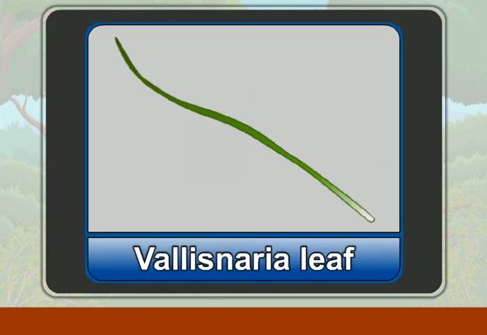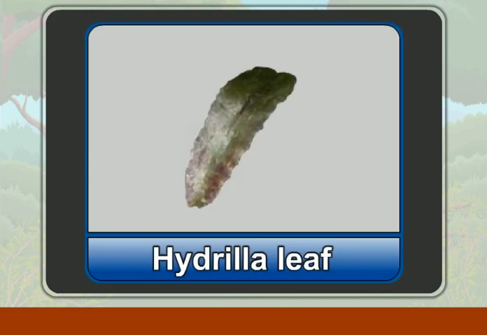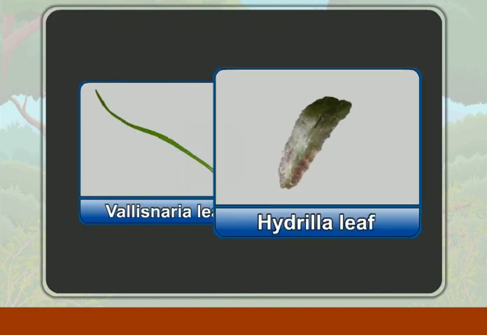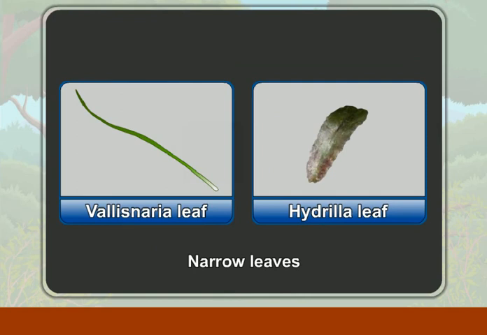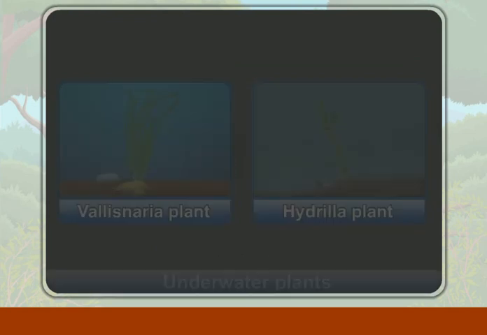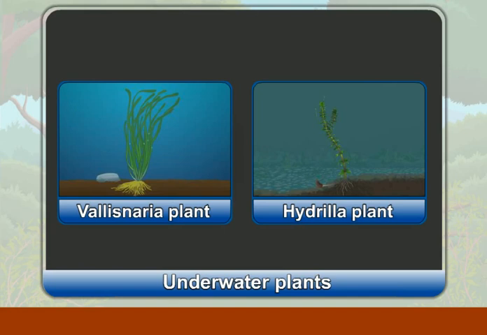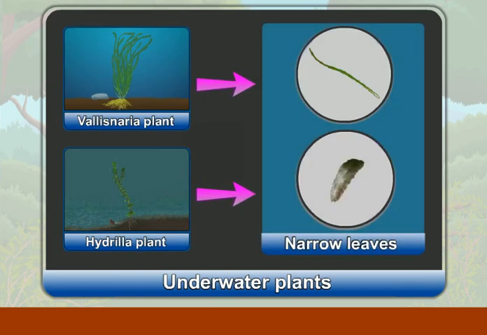The Vallisneria leaf is narrow instead. Like the Vallisneria leaf, the hydrilla leaf is also narrow. So, underwater plants like the Vallisneria and the hydrilla have narrow leaves.